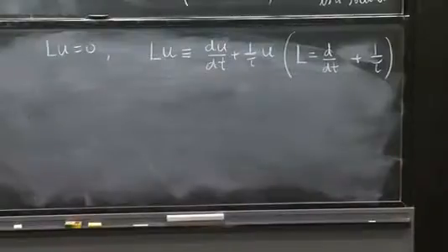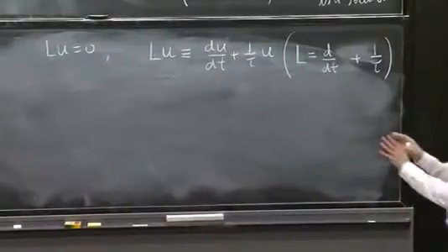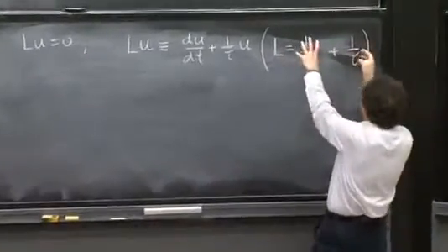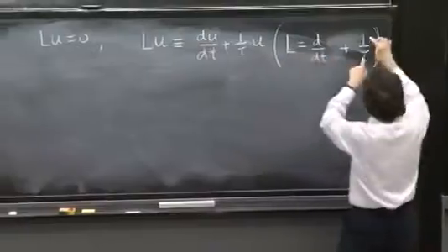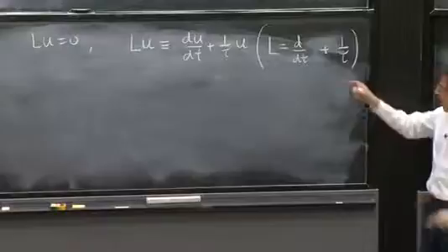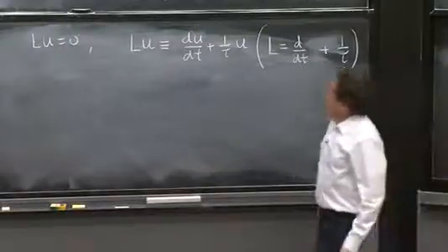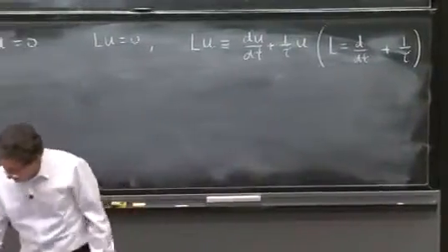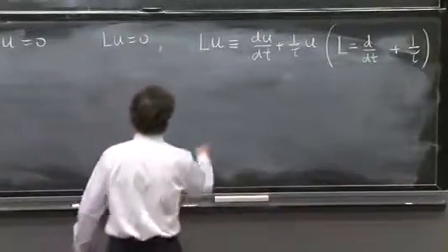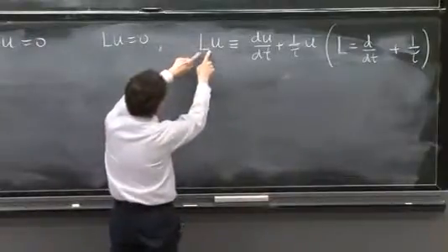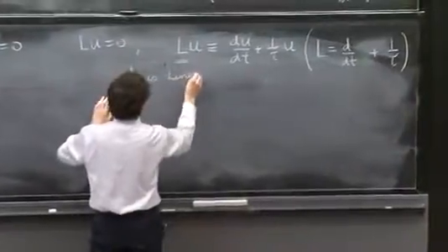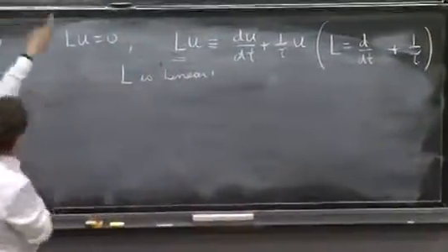That's a way you would write it to try to understand what's going on. When L acts on the variable u, the first term takes the derivative, and the second term, which is a number, just multiplies it. So you could write L as this thing. And now it is straightforward to check that L is linear. For that, you have to check the two properties.